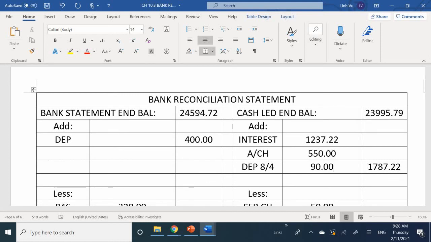So therefore, what is my total going to be reflected here? $1,877.22.